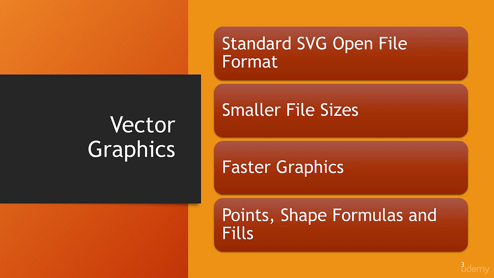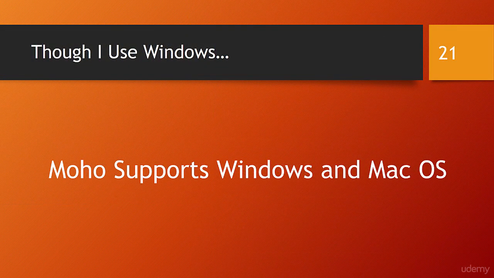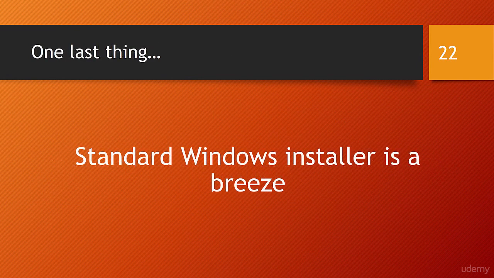You also get faster graphics because software can process the formulas and points defined in an SVG graphic much faster than the raster graphic bit values. Remember, it's just points, shape formulas, and fills. Though I use Windows, Moho supports both Windows and the Mac OS. And one last thing, a standard Windows installer is provided, which makes installation a breeze.